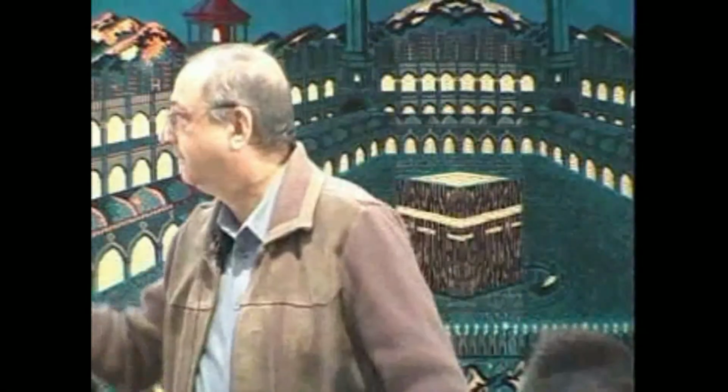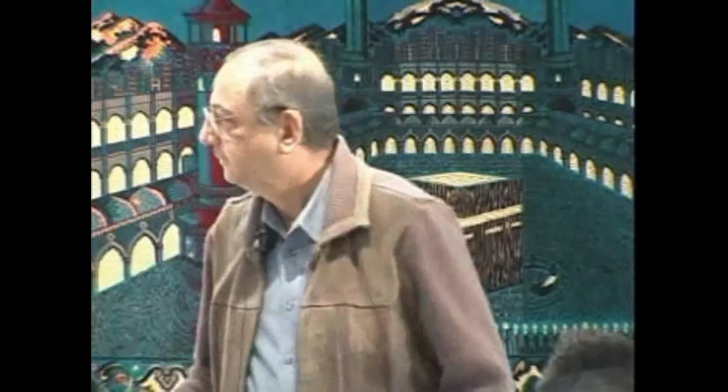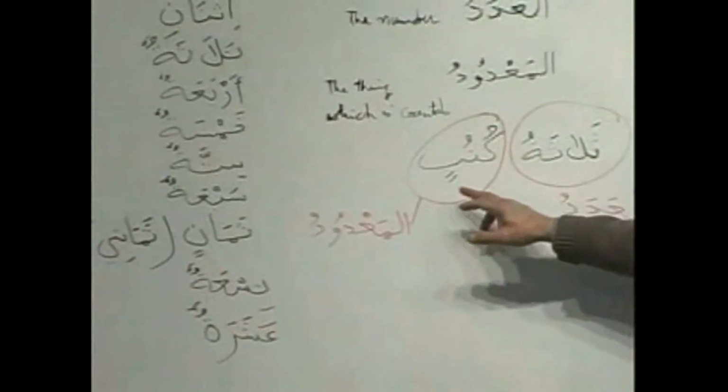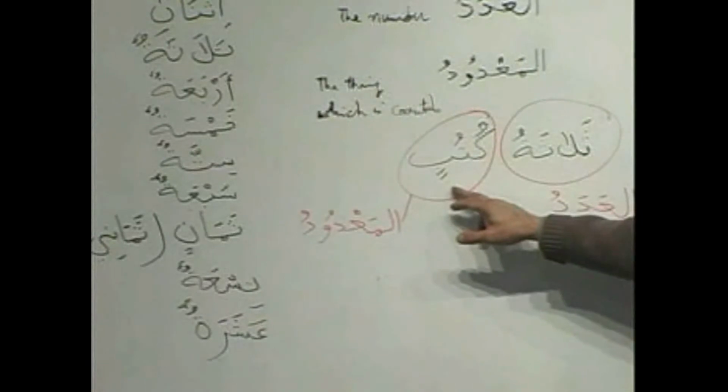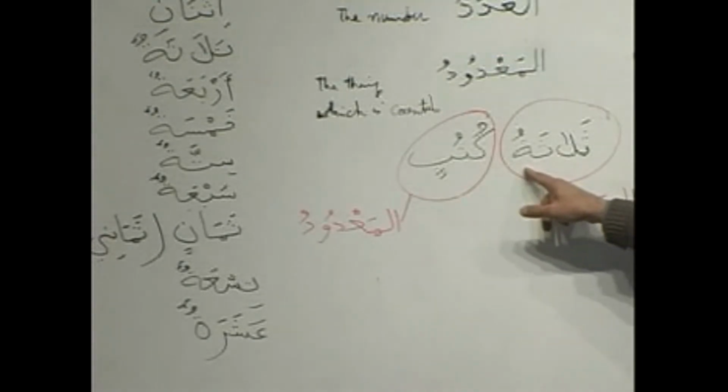Sahi? And adad, what do you see in adad? Do you see here kutubin? Everything in Arabic is either masculine or feminine. What is it, brother? Masculine. Kitabun is masculine. What is this? I see ta marbuta there.